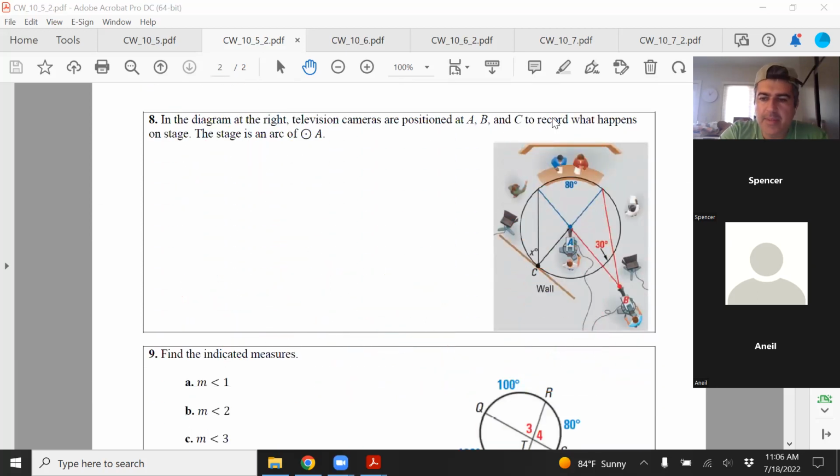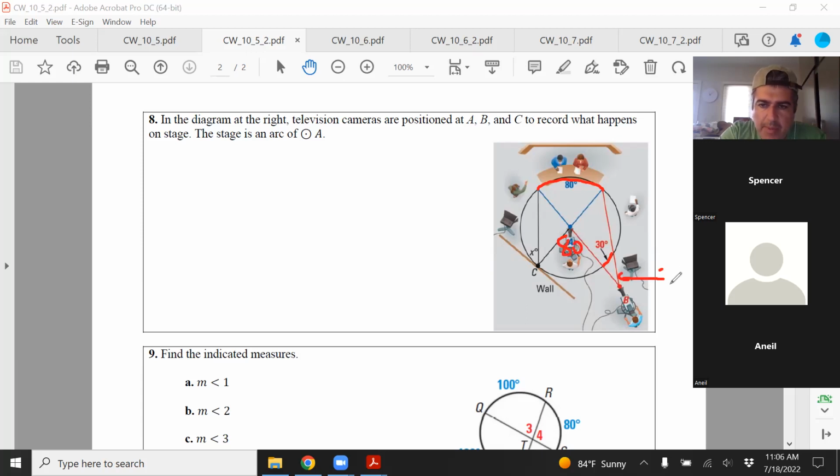Then number 8. Let's see here. This is an arc, so that's 30. And that's another arc, that's 80. I'm not sure if it would help. Well, I know that's 80.